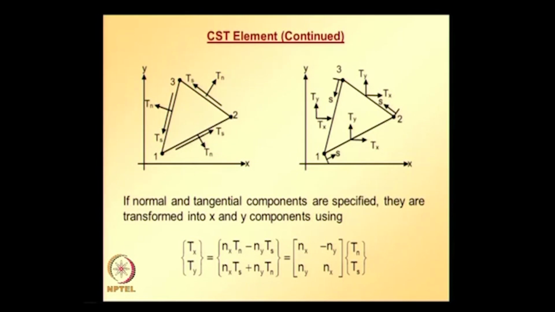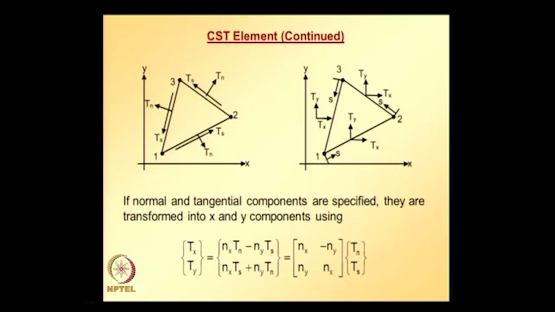So, how to calculate nx and ny? Knowing the coordinates of the endpoints of a line segment, the direction cosines of the outer normal can be calculated. Please note that we are carrying out this integration along each of the element edges, so we have to take each of these edges one by one.